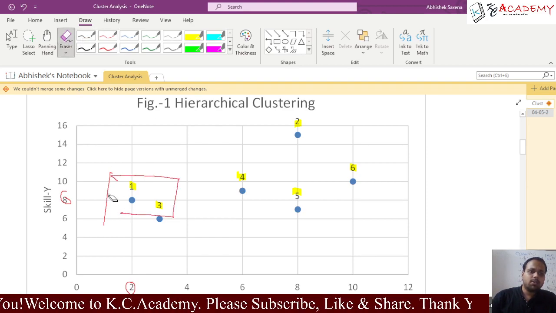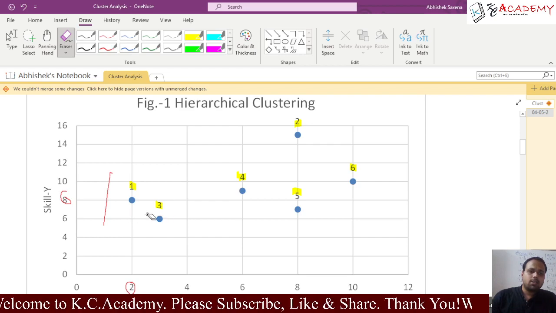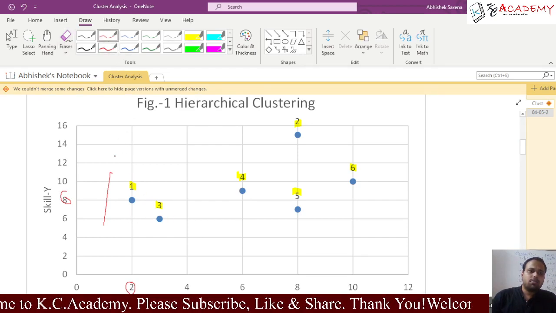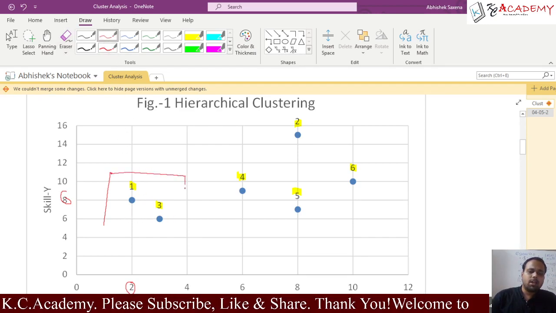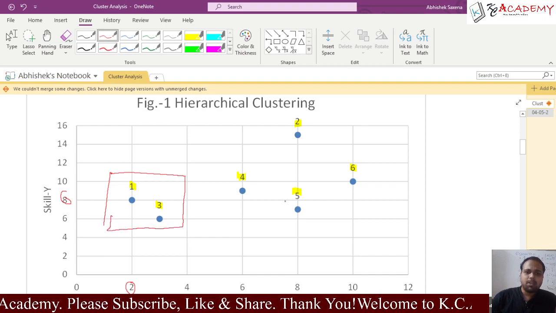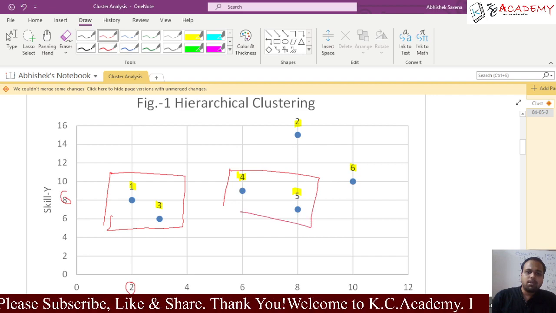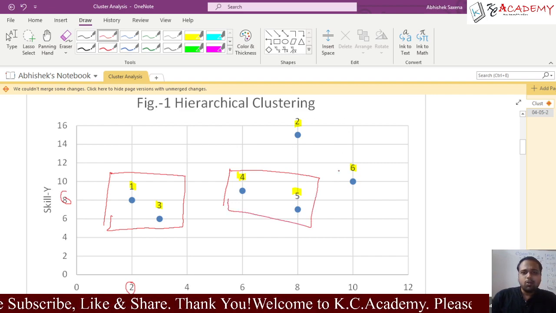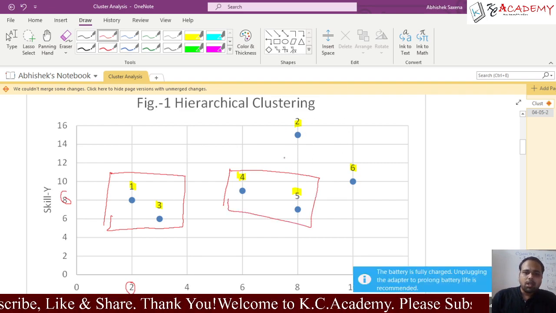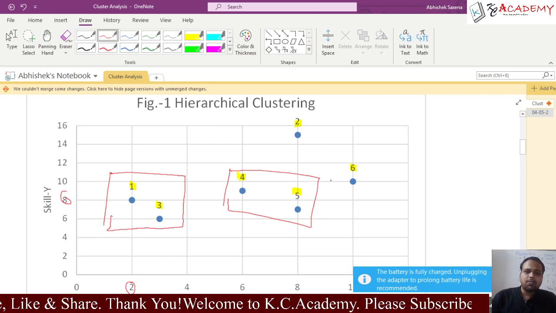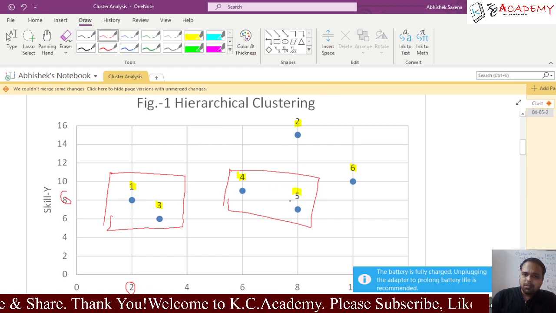They are similar, they behave similarly. Then 4 and 5 are similar. Now 2 and 6 could also be common, but they show some different lengths.